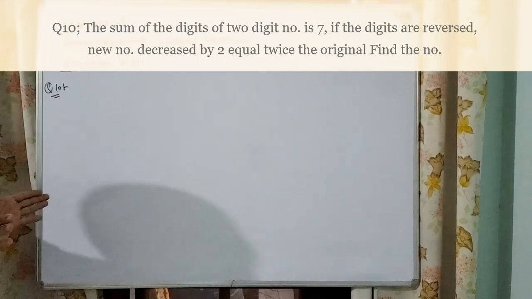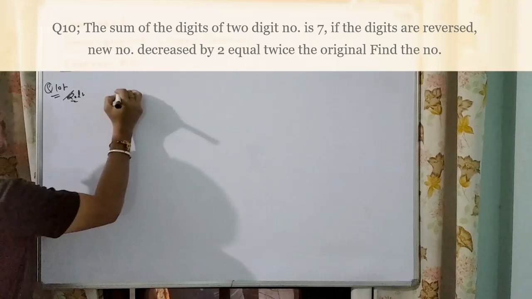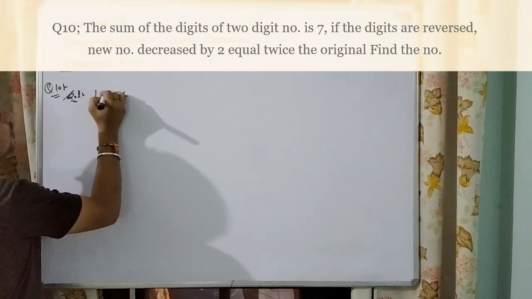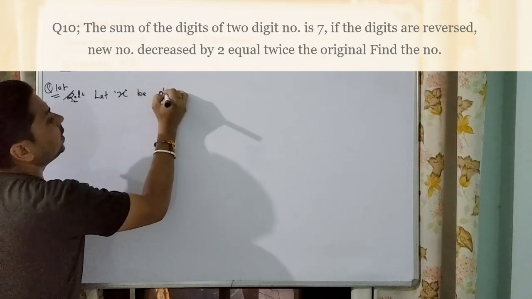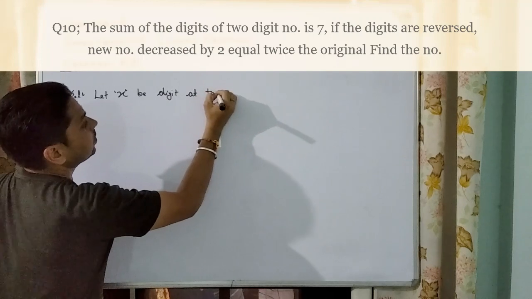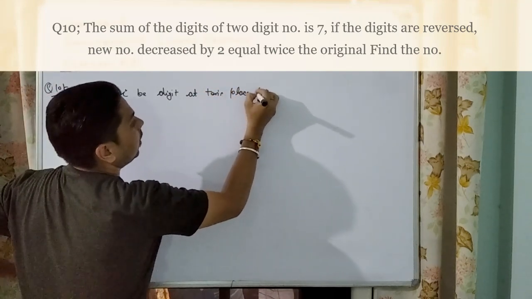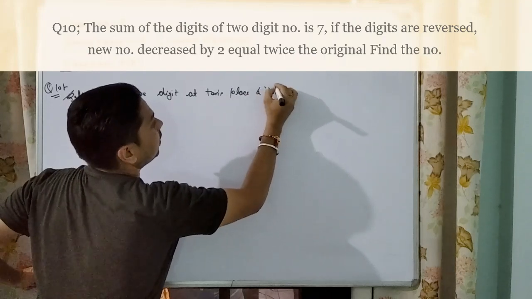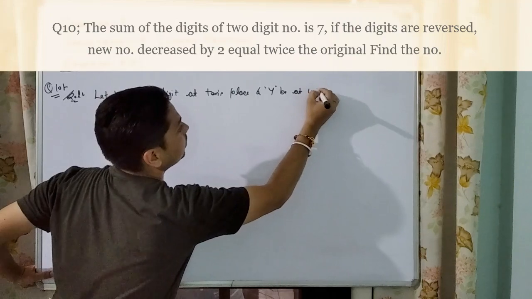Again we have a two-digit number here. So let x be the digit at tens place and y be at unit place.